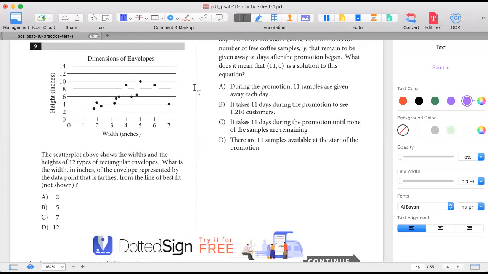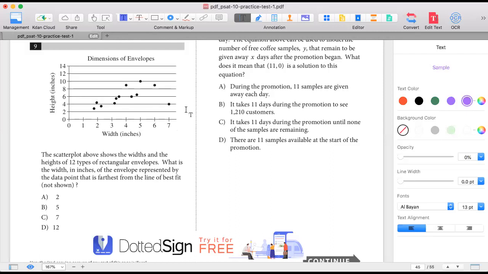Farthest from the line of best fit, farthest. So as we see here, the farthest point is at 7 and 4.